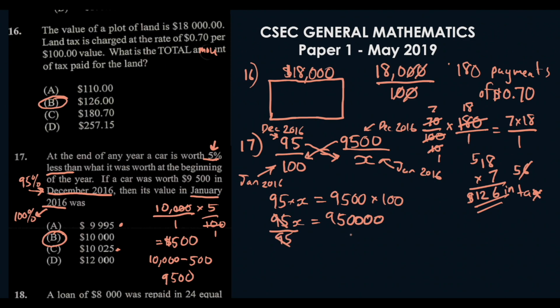Divide this by 95. So 95 into itself goes once. So I can cross this 95 and put a 1 here. So I'm left with 1 0 0 0 0, which is 10,000. And that's the answer. So that was another way of working that out.